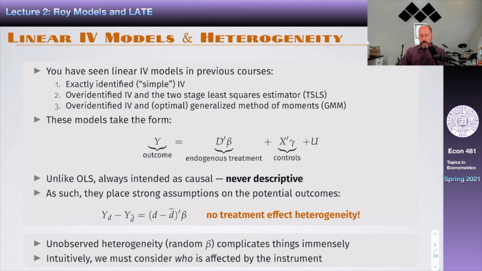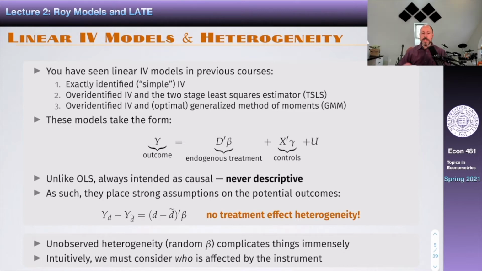The reason is that the minute that you allow this beta to be random, for different individuals to have different treatment effects, then when you start thinking about an effect, you need to start thinking whether you want to aggregate that effect somehow. You have to think about who is being affected by the instrument that you're considering and the like. And this who is just going to be very important moving forward.